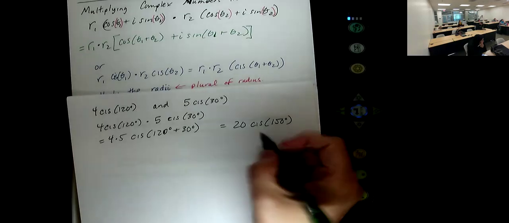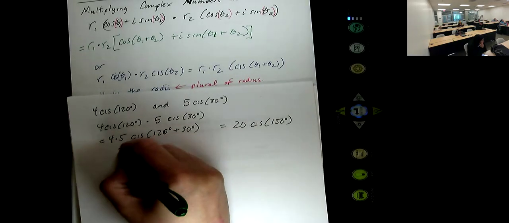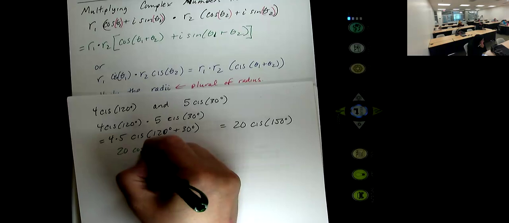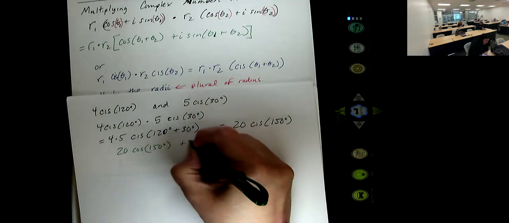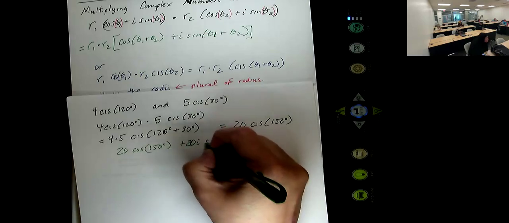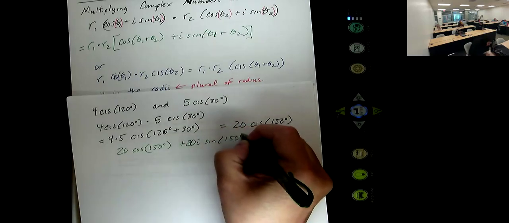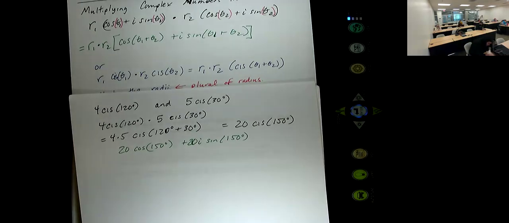Well, what would this be? This is 20 cosine of 150 plus 20i sine of 150. What is cosine of 150?